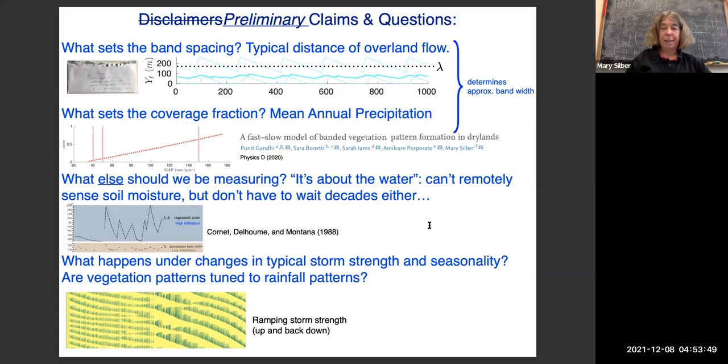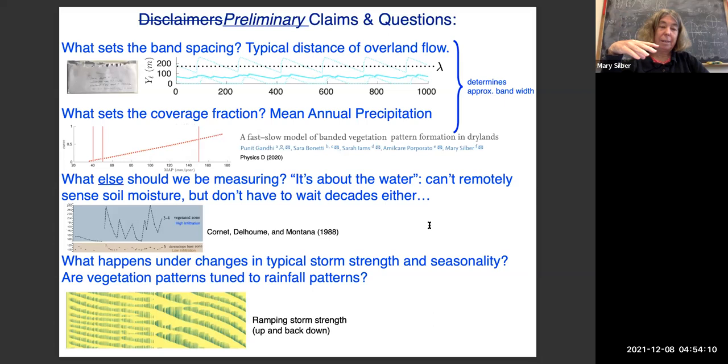My title has had this, it's about the water, and I just am advocating for thinking more about the water redistribution part of the problem. I know we're drawn to the biomass and whether desertification is going to happen, and that's what we observe from the satellite images.